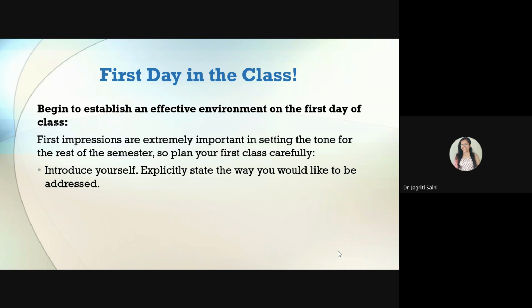We definitely need to get their introduction, but at the same time you need to introduce yourself as well, so that your students can also know you, and they can understand your background, they can understand how they can communicate with you. Your expectations from the students should not be like a rule book every time. It should be like a friendly conversation where you are telling them what you hold from your background, and what you are here to deliver, and how you are going to help them with the specific subject that you are going to teach them.